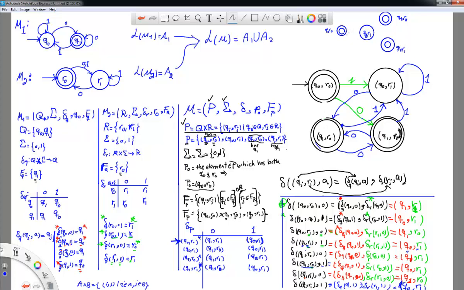And then therefore you'd see that you go with a 1 down here, and then you go with a 0 down here, and then from here with a 0 you go to it, with a 1 you get back from it, and then for this guy you go with a 1 to it, and then for these guys you go with a 0 and a 0 back and forth, and of course this stays in itself over a 1.